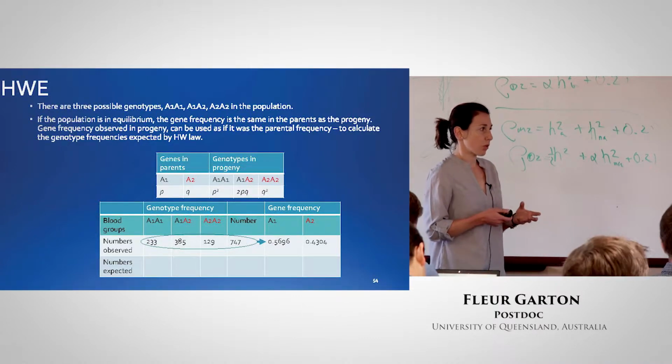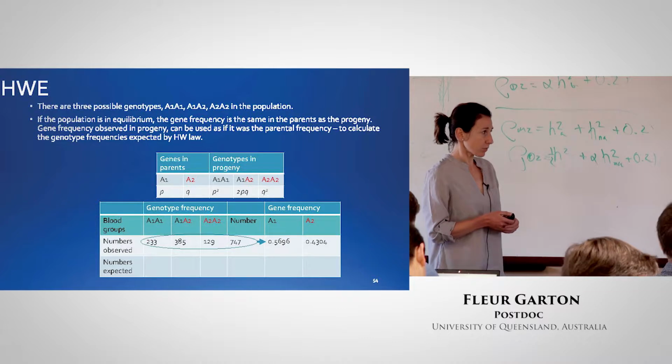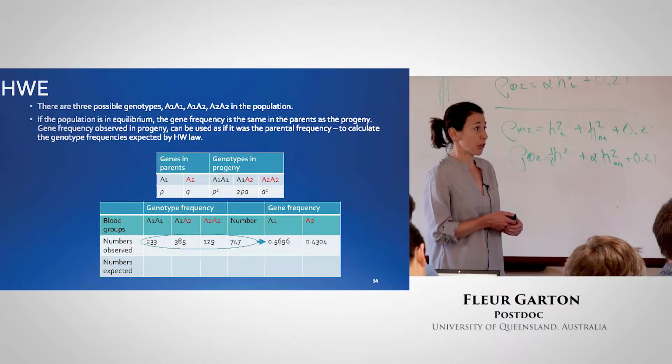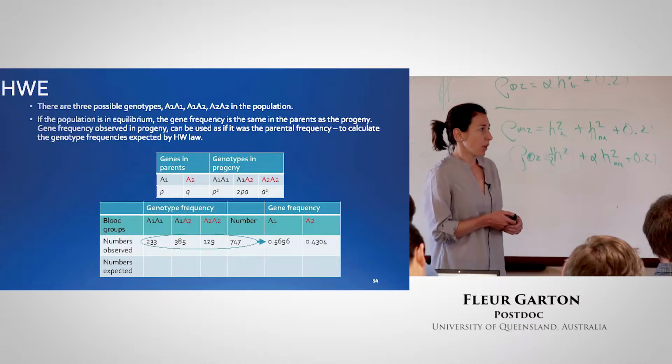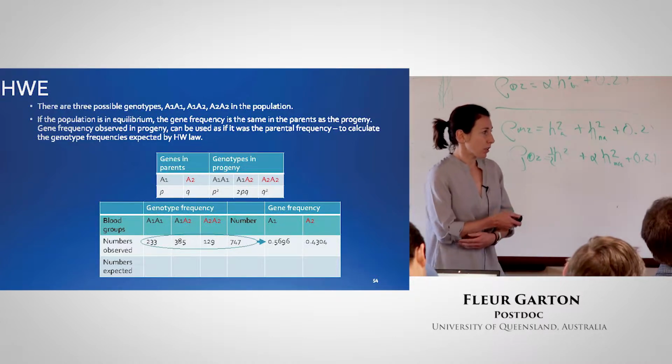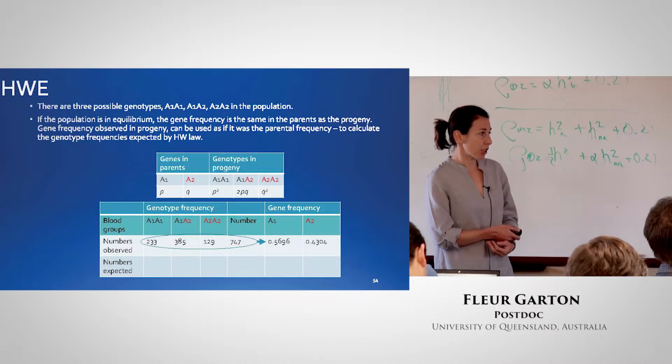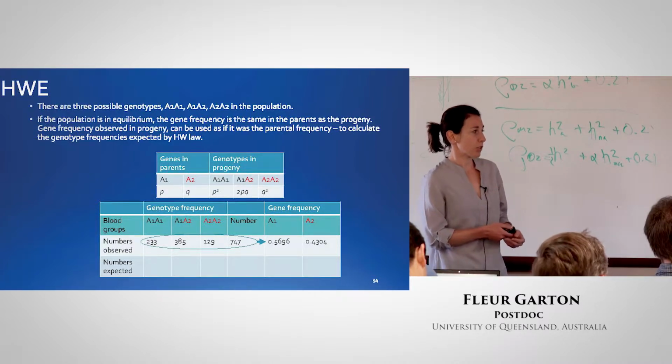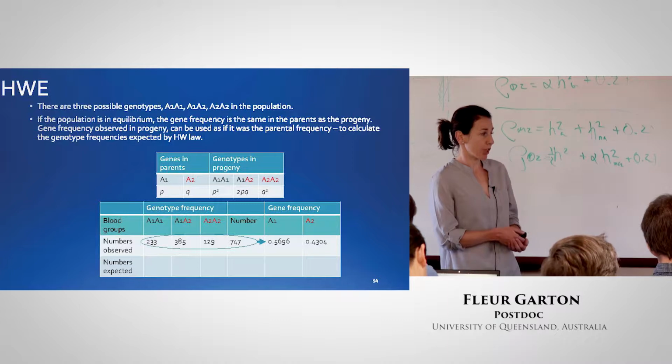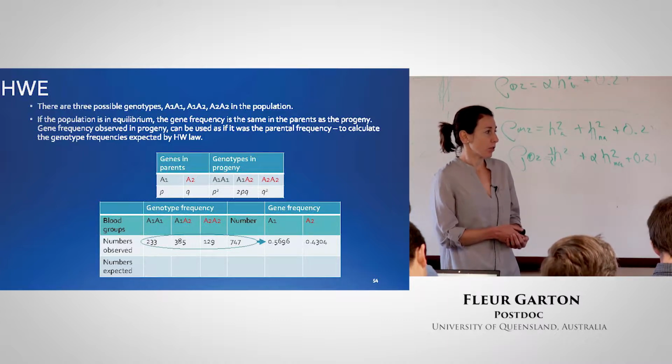We're not going to derive this, but the genes from the parents are going to be either an A1 or an A2. And here we actually have the genotypes in the progeny, and so all we do is work out the gene frequency, or the allele frequency I should say.